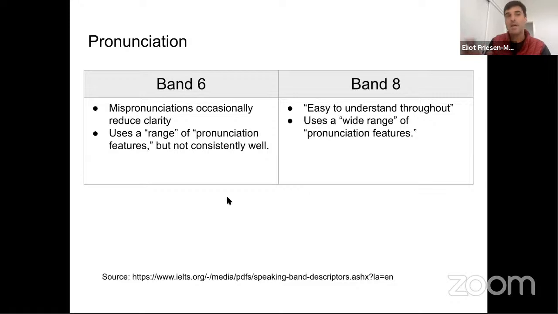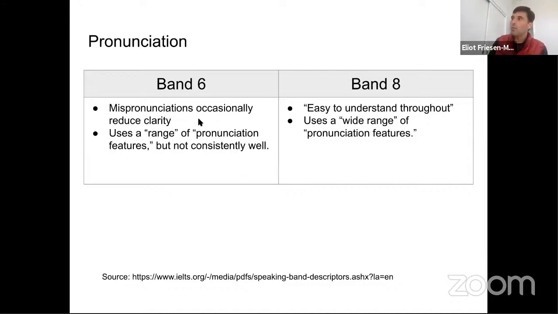At some point, it often takes a coach or just a lot of time and exposure to the target language in order to make big, important gains in pronunciation. So it's not something I can give you a lot of tips about how to make fast improvements on, okay?